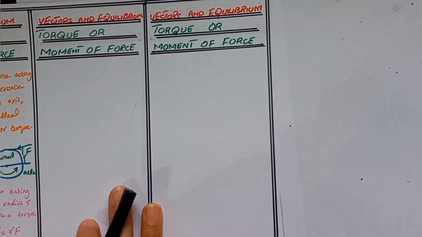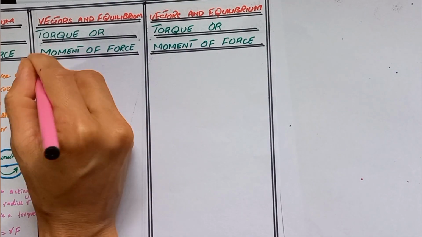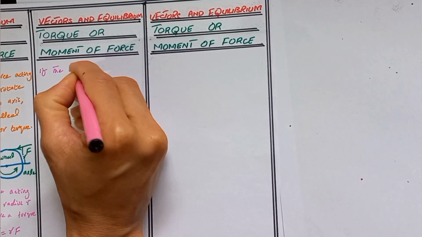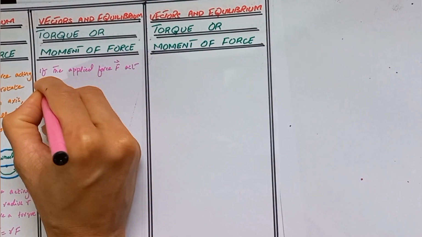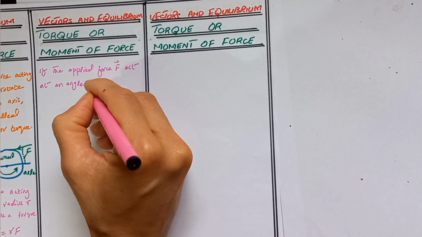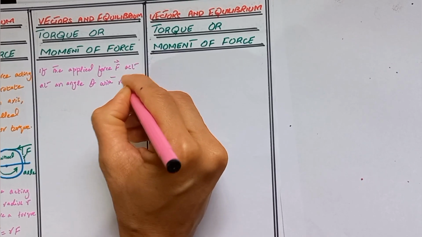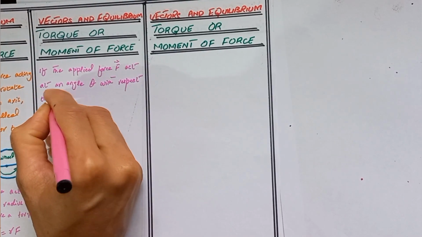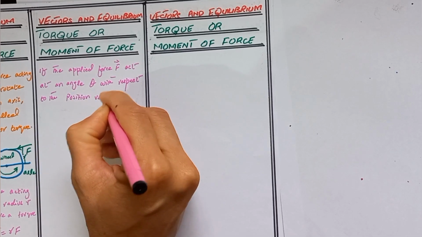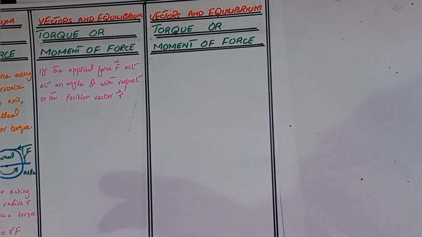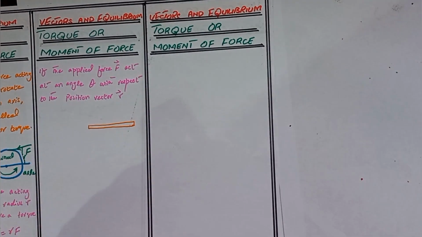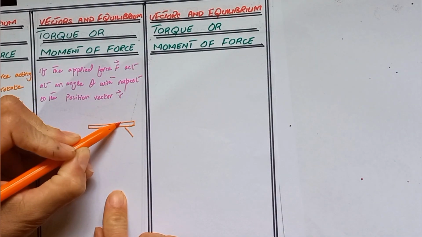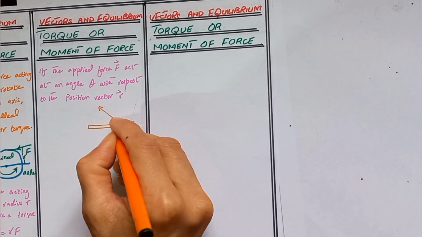Now we discuss the force acting at an angle theta with respect to the position vector r. If the applied force F acts at an angle theta with respect to the position vector r, then here this is any rod and we apply the force F at an angle theta.